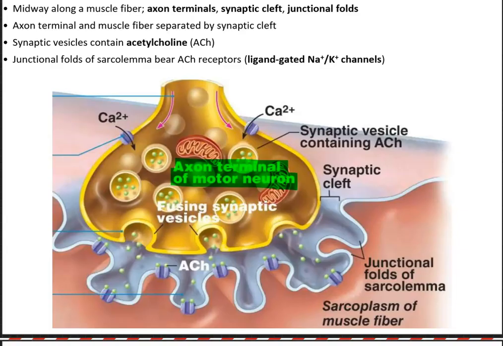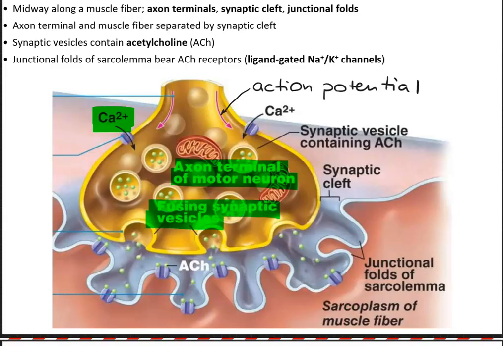When an action potential arrives at the axonal terminal, it opens calcium channels, which results in the release of neurotransmitter from the synaptic vesicles into the synaptic cleft.